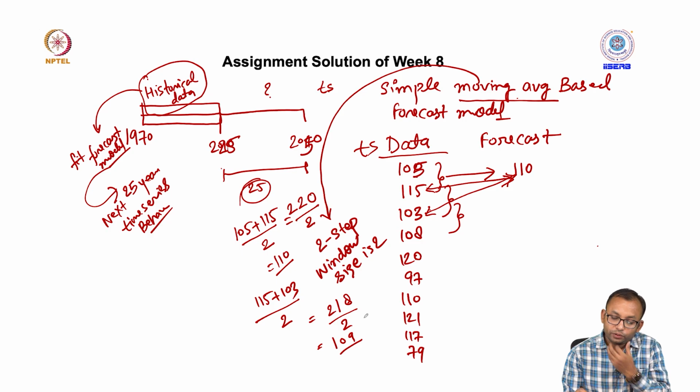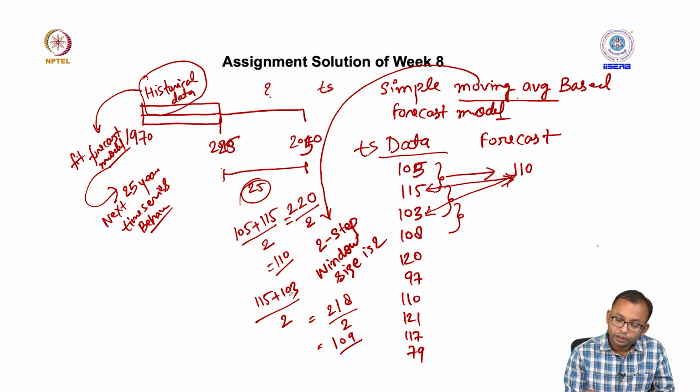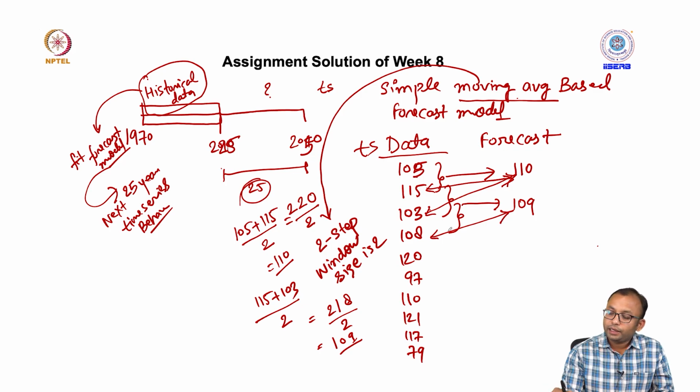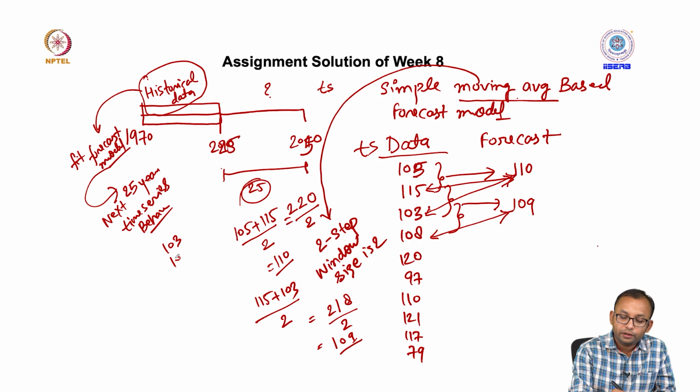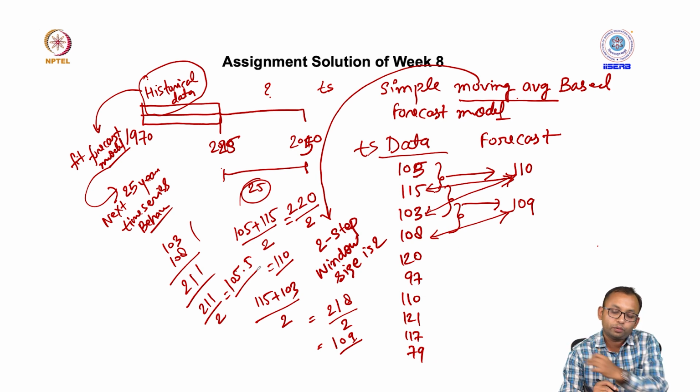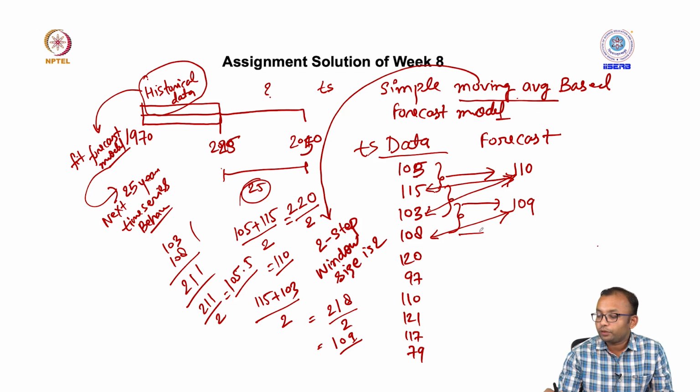You compare this with the actual value of 108. Then you can take another step, 103 and 108, which is 211, and 211 divided by 2 is 105.5. So you have another forecasted value, 105.5, that you can compare with 120.